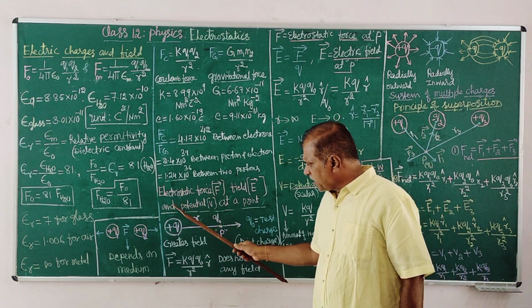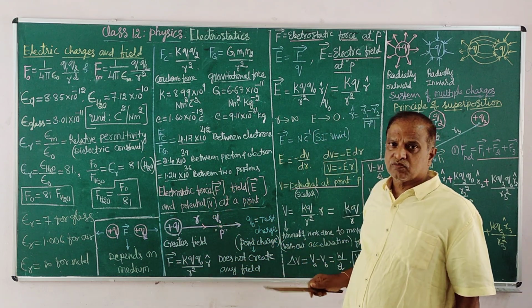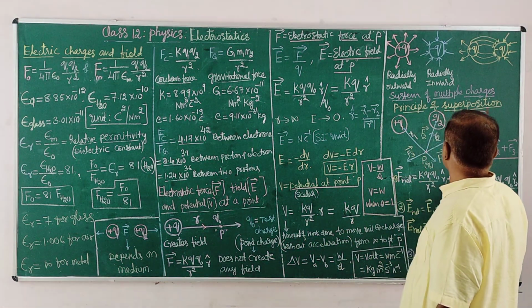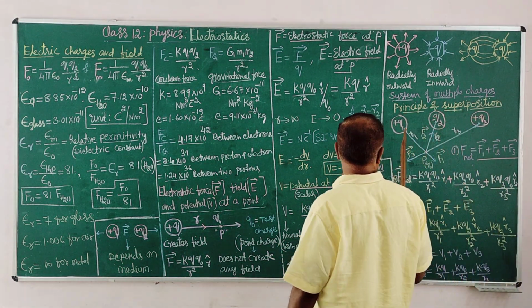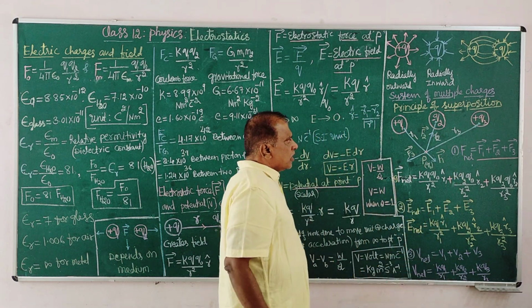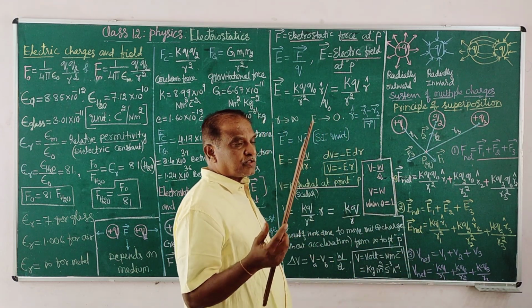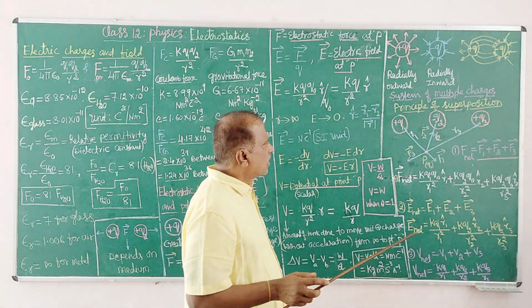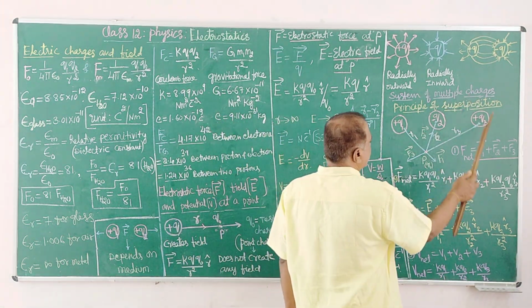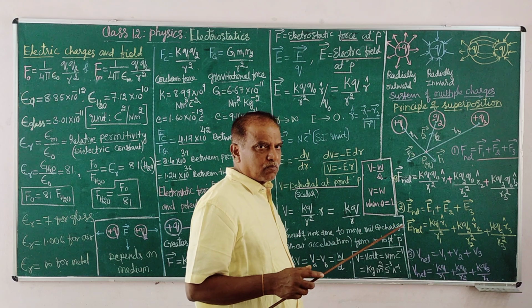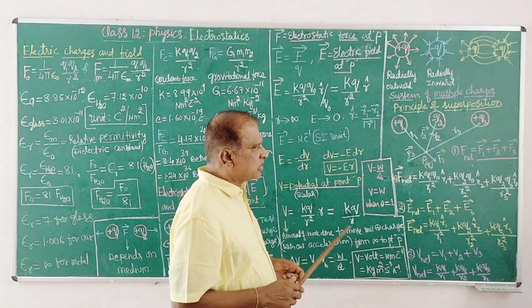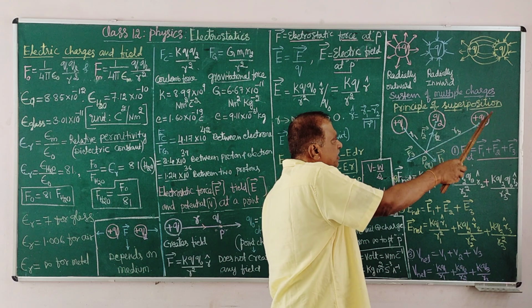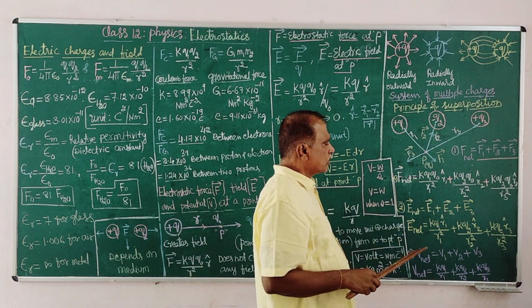This is a system containing only one charge. If the system contains many charges, suppose we have taken 3 charges, or n number of charges, there is also an electric field in the space, but the electric field is different because of these charges; the net electric field is there in this space.